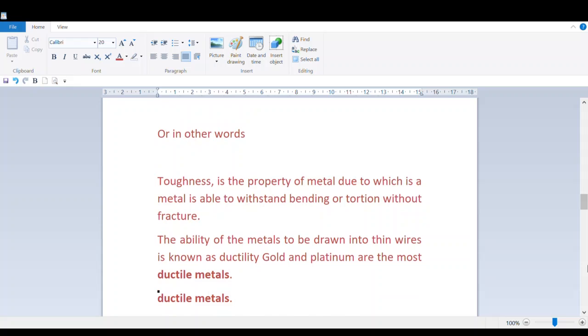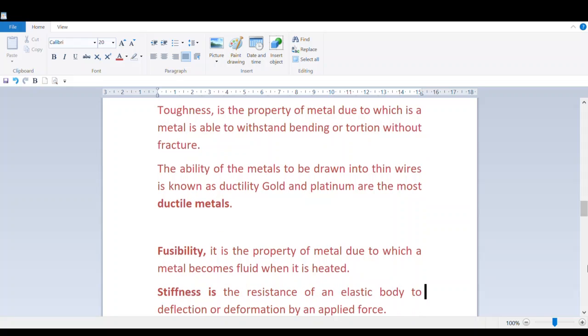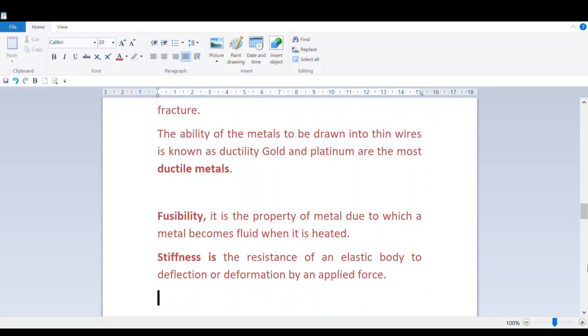Next property is the ability of a metal to be drawn into thin wire, known as ductility. So somebody asks you what is ductility? Ductility is the ability of a material to be drawn into thin wires. Best example is copper, which can be drawn into thin wire.